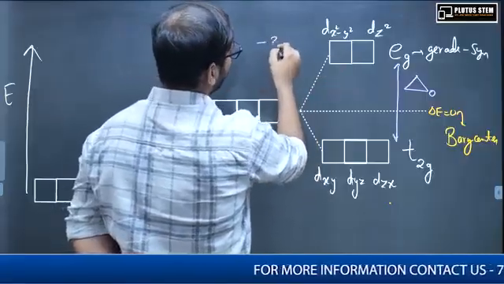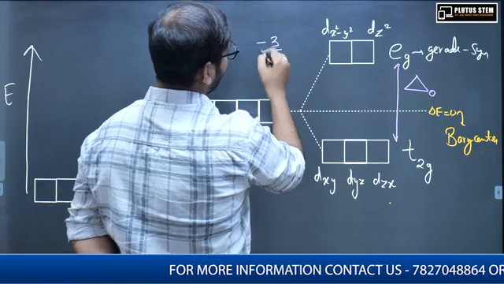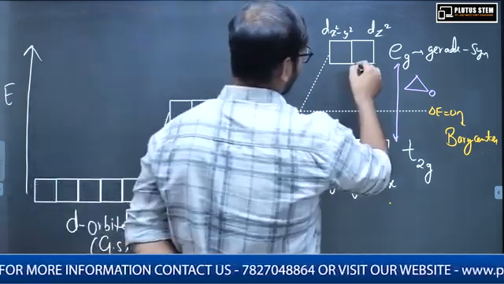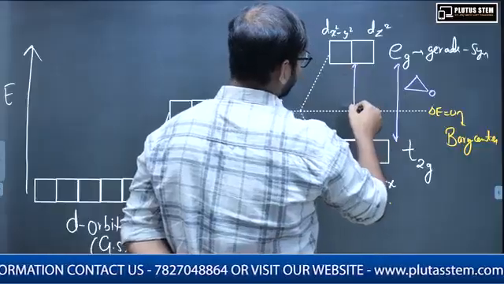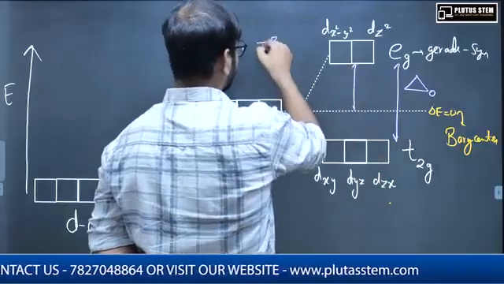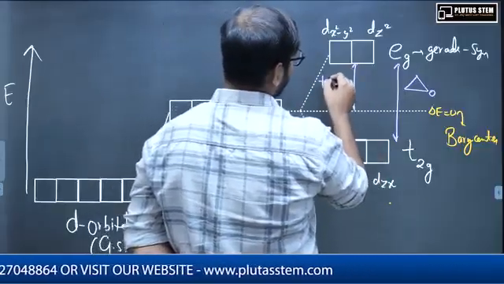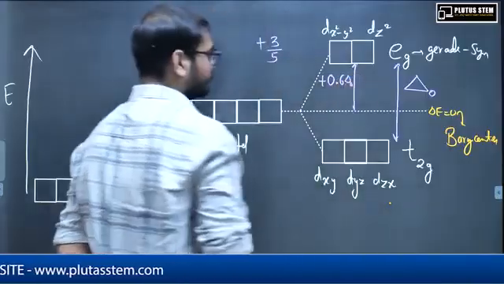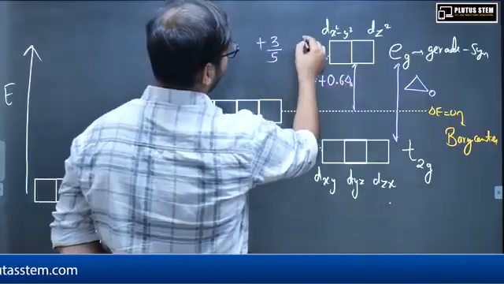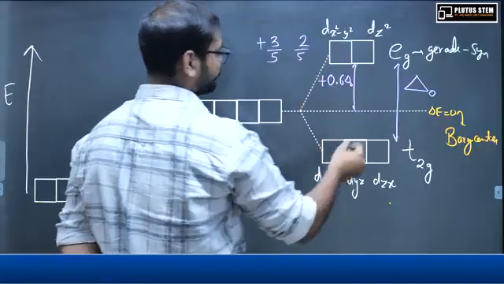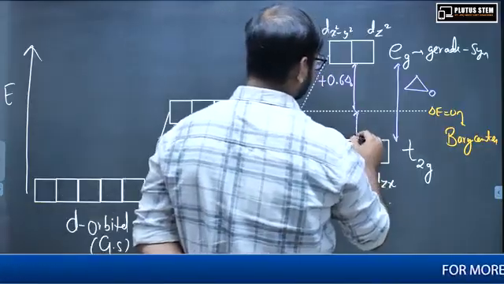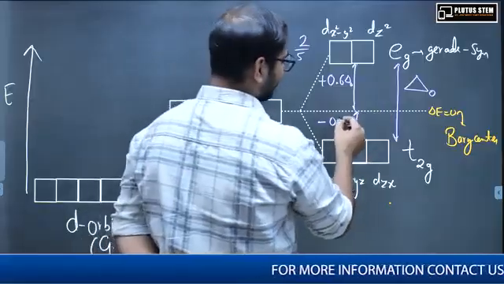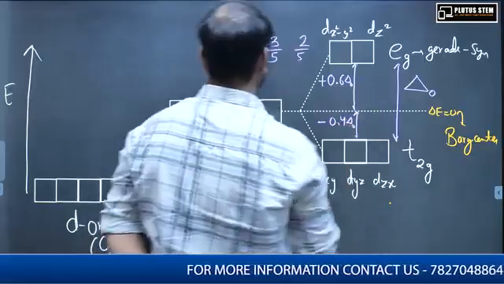This difference of energy is represented, since it is positive, as 3 by 5 of del O, that is 0.6 del O, while for the lower set it will be 2 by 5 times del O, negative because it is lower than the average energy level, minus 0.4 del O.